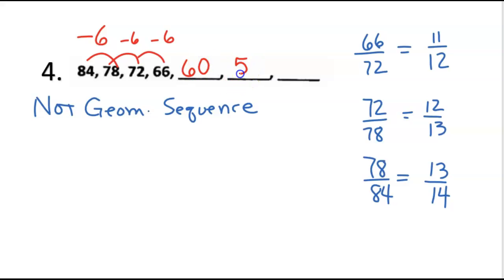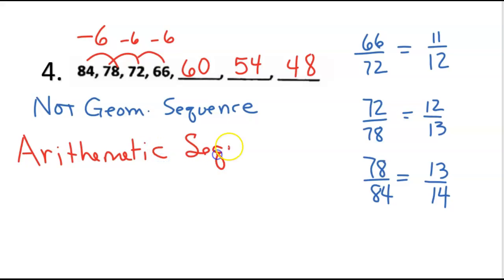Minus 6. Minus 6. This pattern is a subtraction pattern. It is not a geometric sequence. It's an arithmetic sequence. An arithmetic sequence is when you add or subtract to get to the next number.